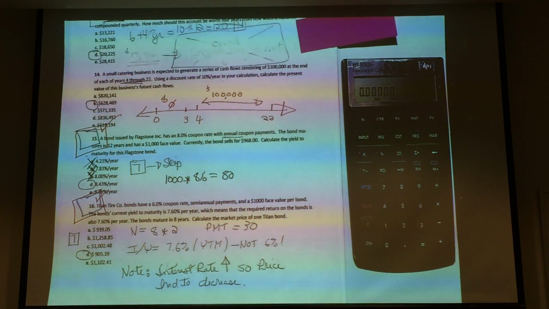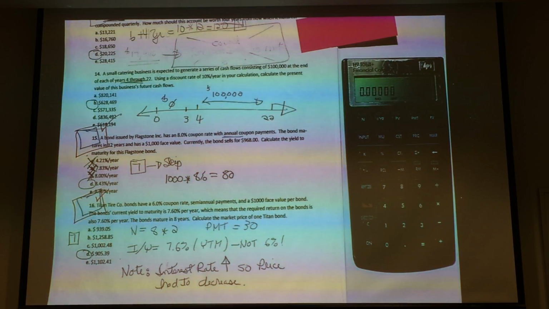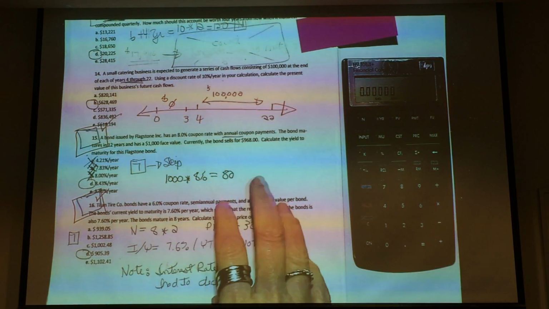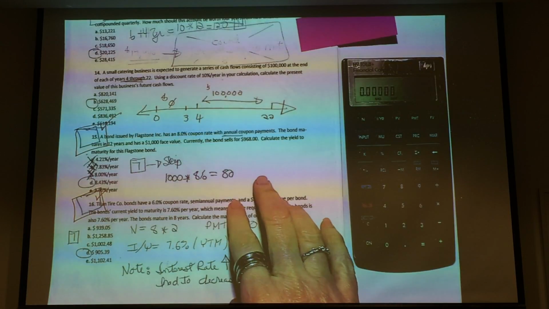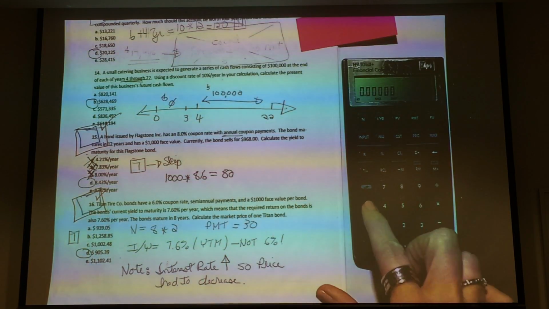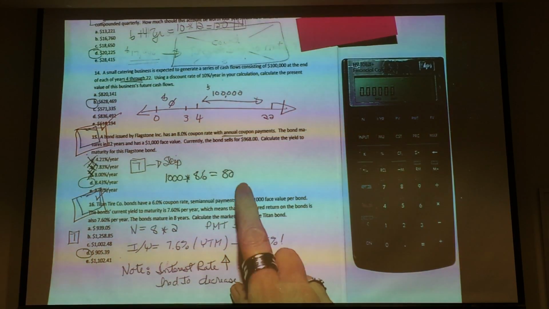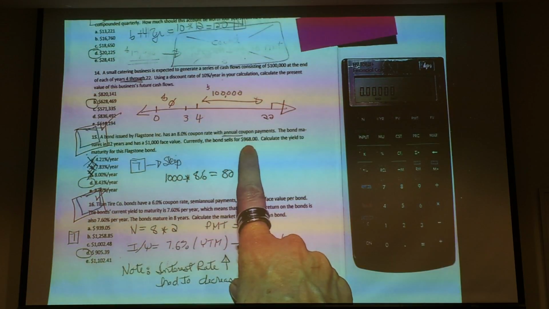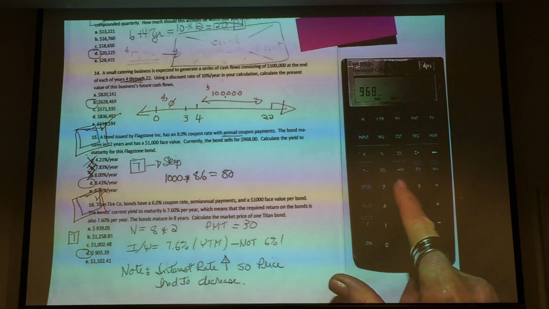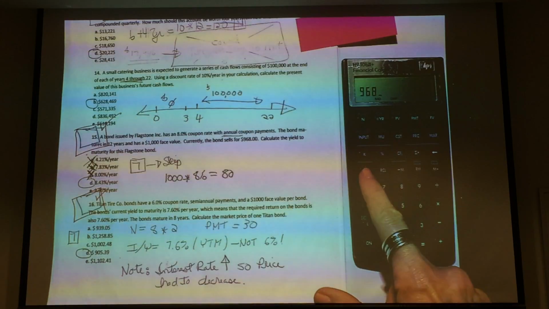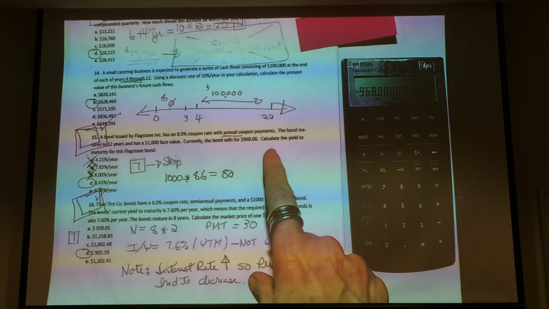Okay, so be careful on the bonds when you're toggling back and forth, because you're gonna have like 5 bond questions just like this, and then you're gonna have stock questions, and a lot of the bonds, unless I tell you otherwise, it's semi-annual. Make sure you're on the right number of payments a year. Okay, so my price is $968. That's my present value negative. That's what I need to pay for it now.